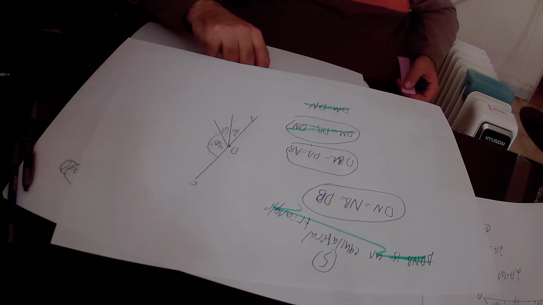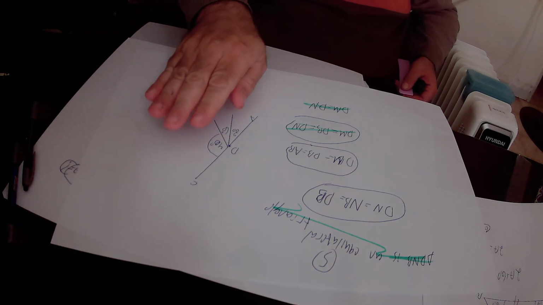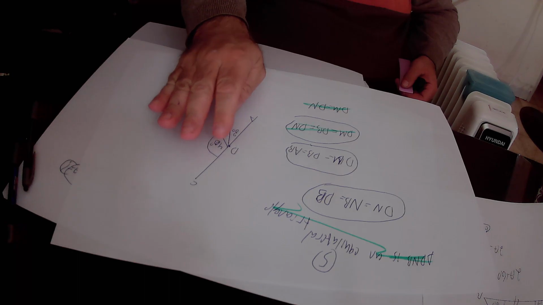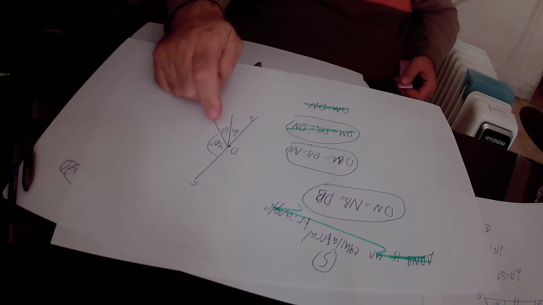According to the rule that the sum of the angles on one side of a straight line is equal to 180 degrees, on this side of the straight line CA at point D, we have 80 degrees plus 60 degrees is 140 degrees, and 140 degrees plus 40 degrees is 180 degrees.